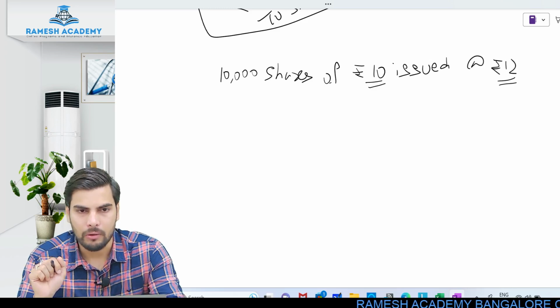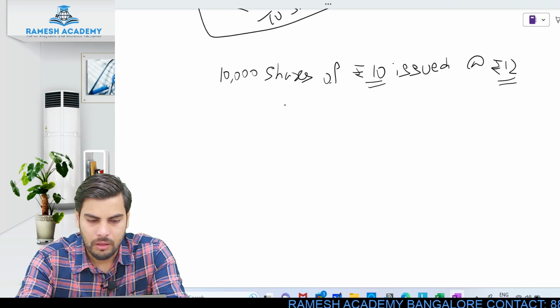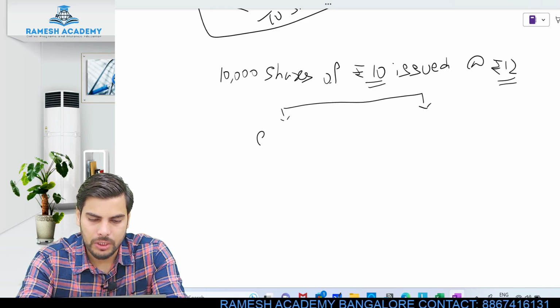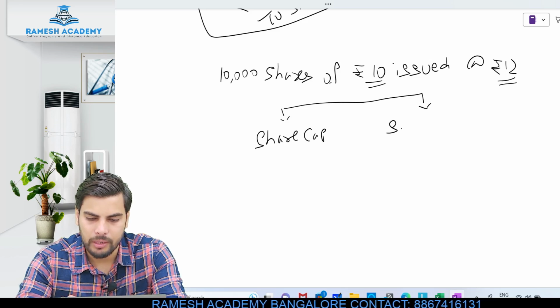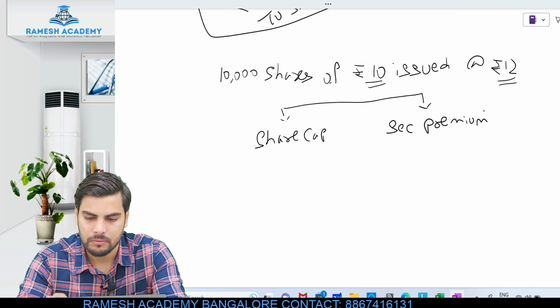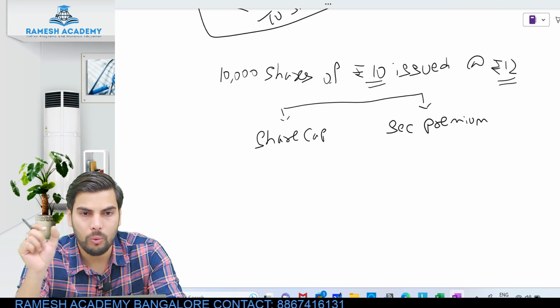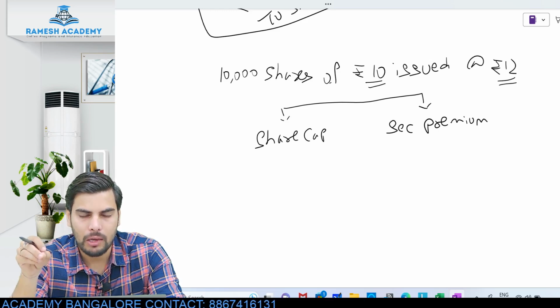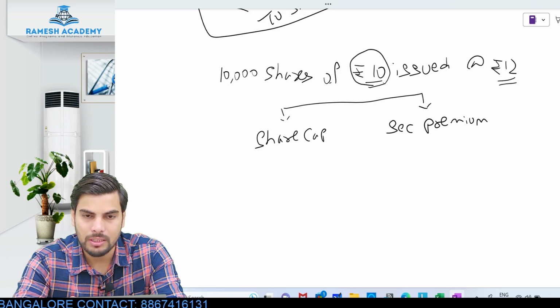Now what am I supposed to do? Look at this. This will be divided into two things: one will be share capital, another would be securities premium. Clear? Now how much is the amount pertaining to share capital? Share capital represents the nominal value or face value, which is 10 rupees.